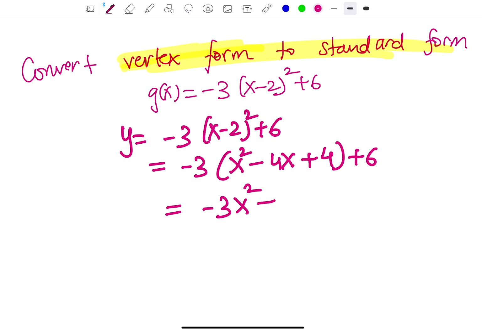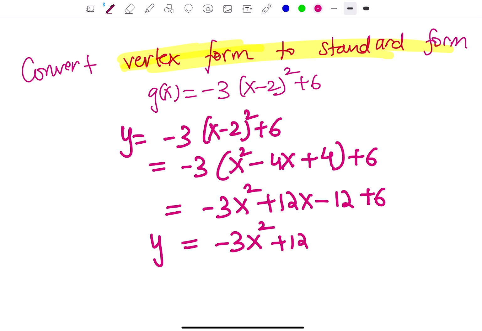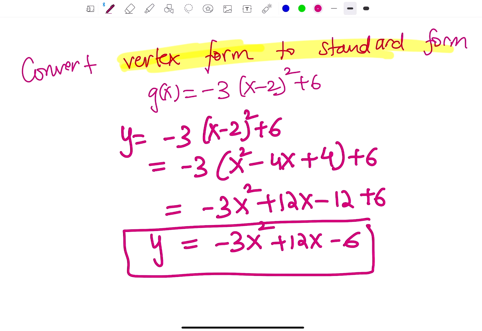So negative 3x squared plus 12x minus 12 plus 6. That turns out to be y equals negative 3x squared plus 12x minus 6. And that is in the standard form. So we went from vertex form to standard form, and both of these are equivalent. We can use any one of these to graph.